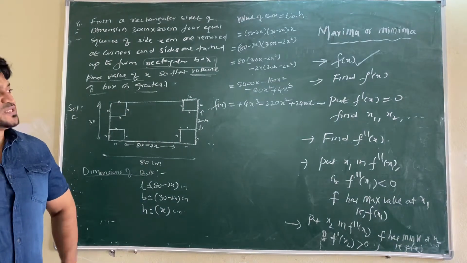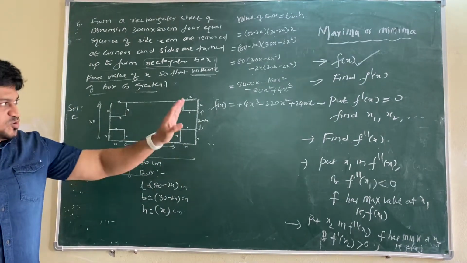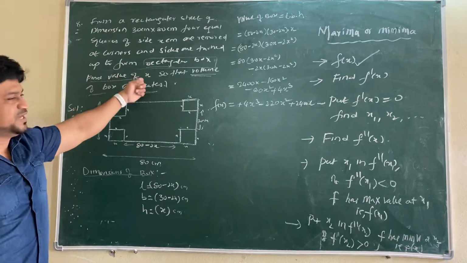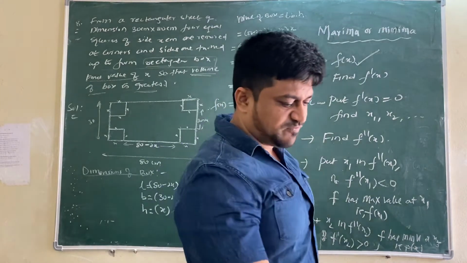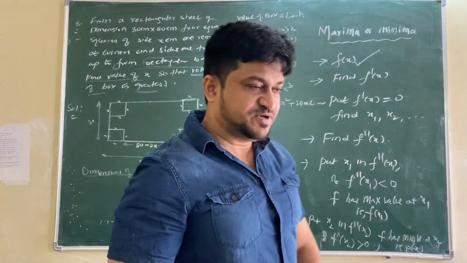Once we have f of x, we have to follow those steps. First thing, we need to find f dash of x.